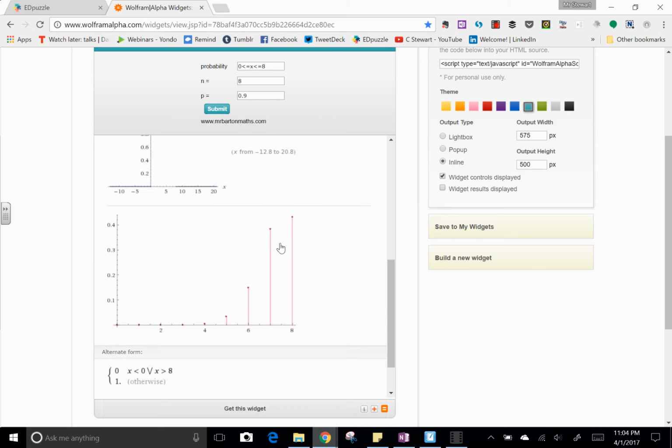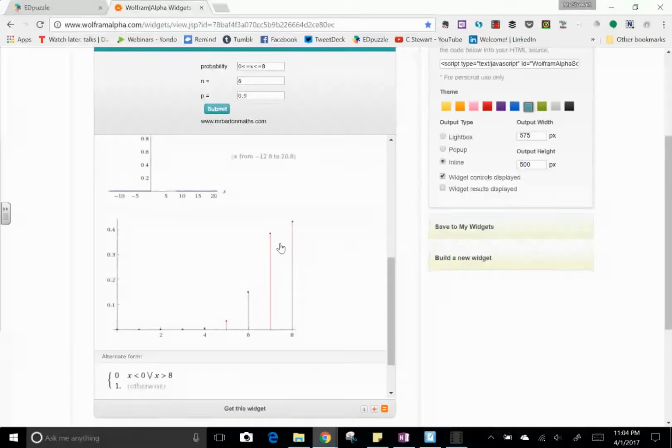So here is our distribution. When we increase the success rate from 50 to 90%, you can see that there's a greater probability that 8 patients will recover, more so than any other particular case. Whereas before, with the symmetric distribution, there was a probability for each particular number of successes, here you can see that the distribution is a bit skewed.